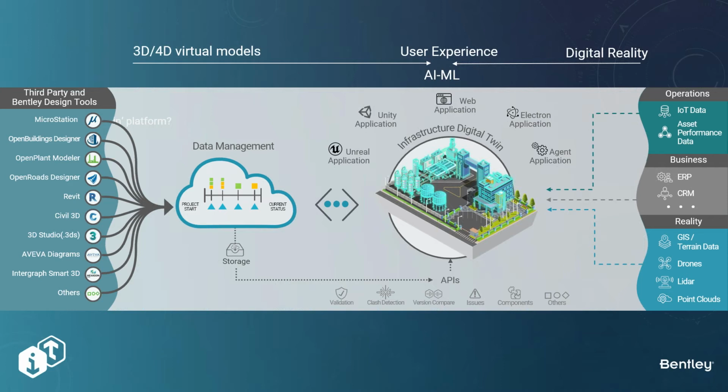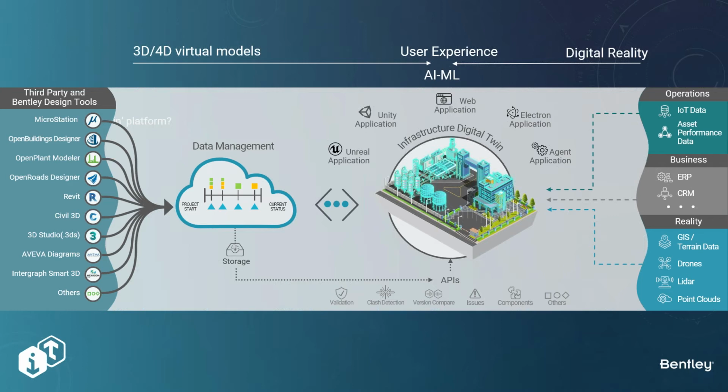It can be drone capture, LiDAR, point clouds, IoT sensors. So you have this convergence of digital truth and real truth through digital capture, and they come together as what we call infrastructure digital twin. The platform is designed to support whatever your imagination can come up with, assuming these are inputs, and the outputs can be whatever you imagine.